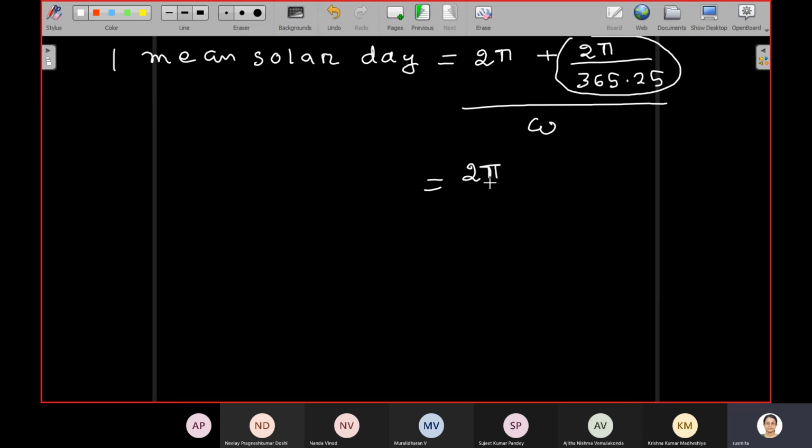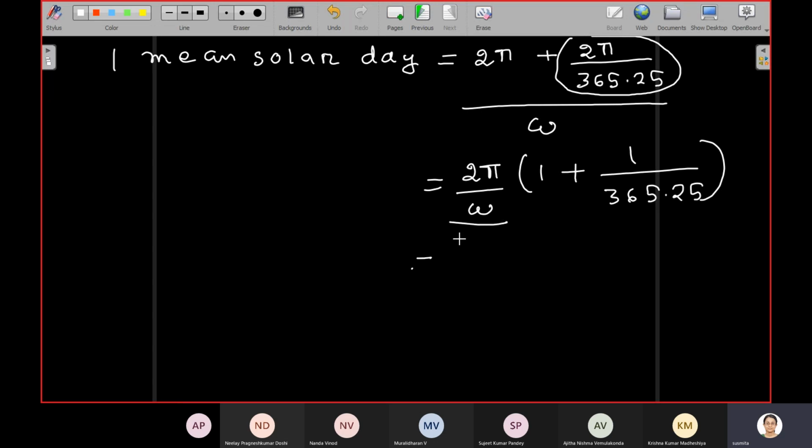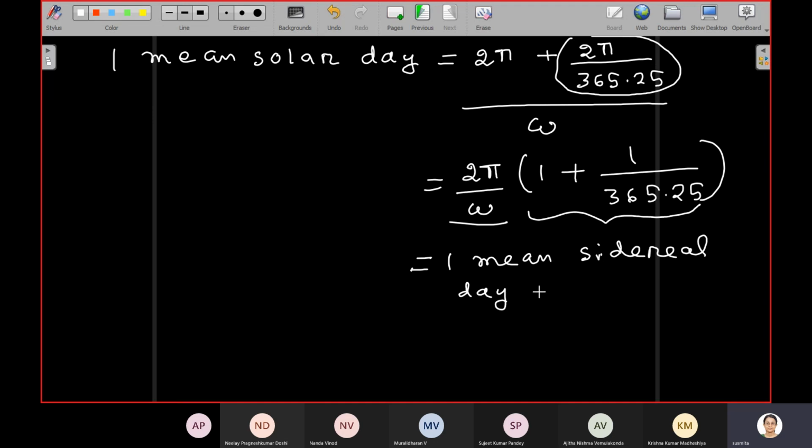Now let's take 2 pi out. We have this. So this one is one mean sidereal day. And this factor is about 1.0027. So this also indicates that the solar day is longer than the sidereal day.